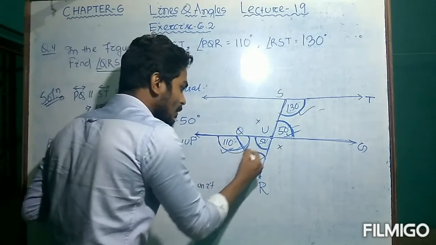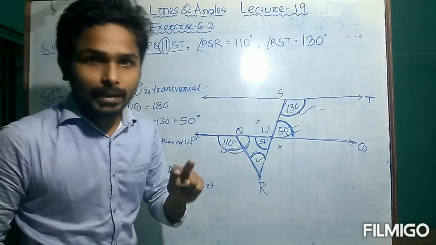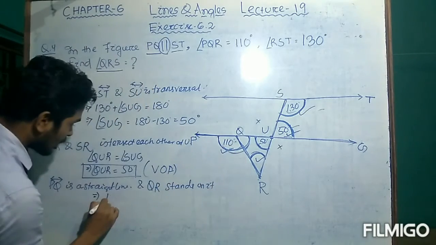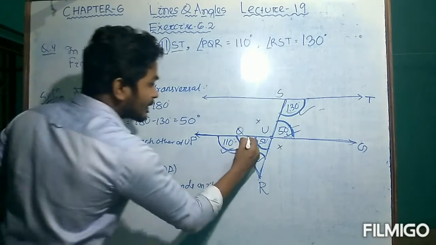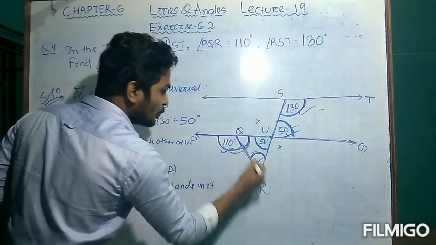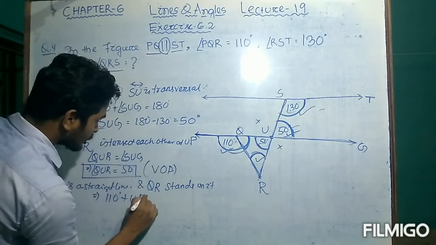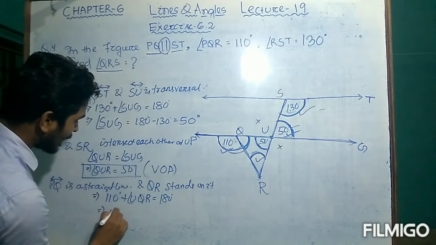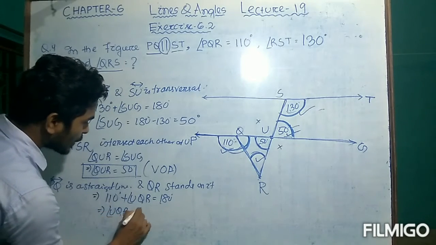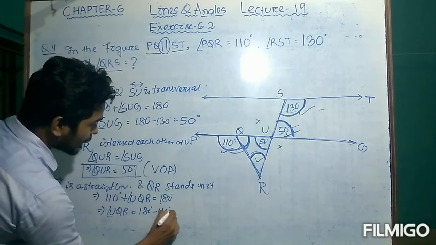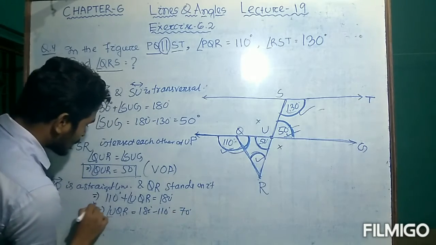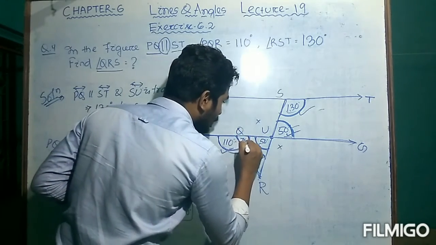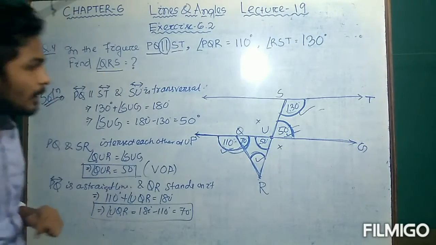So the sum of two linear pair angles is equal to 180 degrees. So we can write this angle plus this angle, meaning UQR plus 110 degrees, is equal to 180 degrees. So UQR is 180 degrees minus 110 degrees, that is 70. So the value of UQR is equal to 70 degrees.